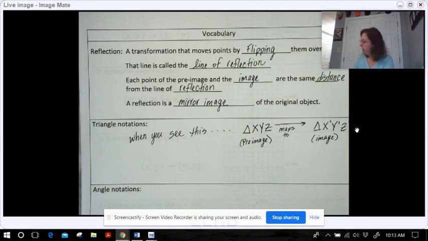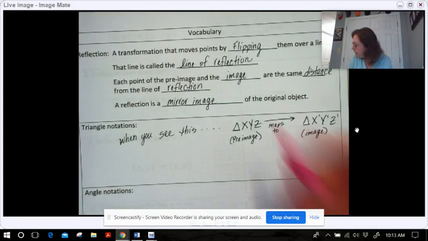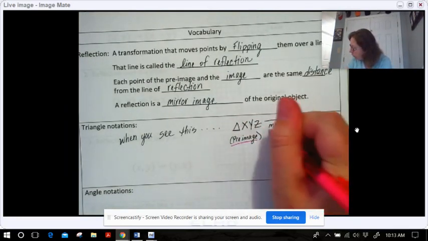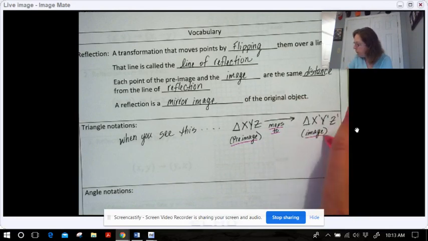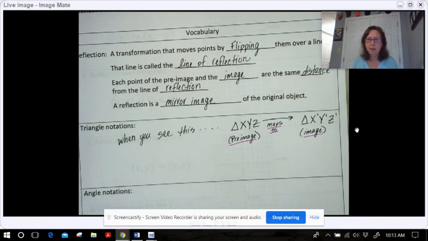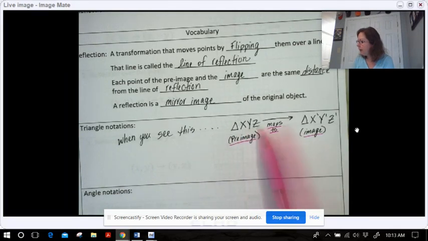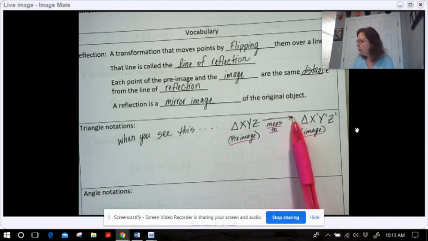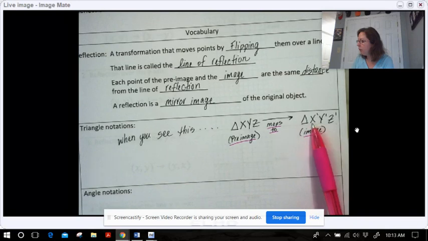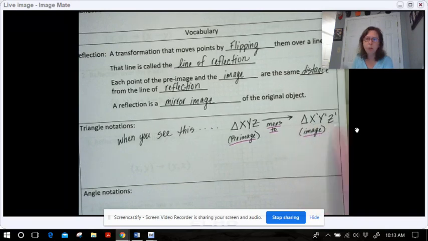Okay. So these actually here, I'm going to underline them in pink. Pre-image maps to the image. You don't have to write that every time. All that you would be putting is triangle XYZ, arrows over to triangle X prime, Y prime, Z prime. Okay? So those are our triangle notations.